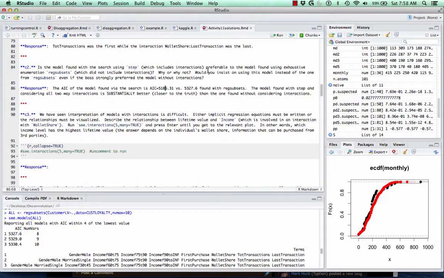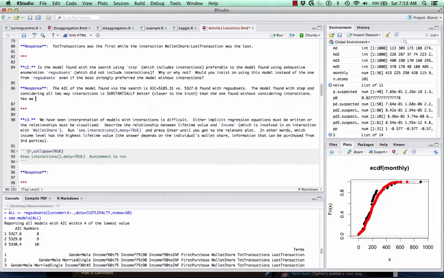So would we insist on using this model instead of the one from reg subsets, even if the boss strongly preferred the model without interactions? Well, we really wouldn't allow our boss to choose that model. So yes, we would insist on using this model, even though it's a lot more complex here, because a difference of AIC of, in this case, about 140, is extremely massive.